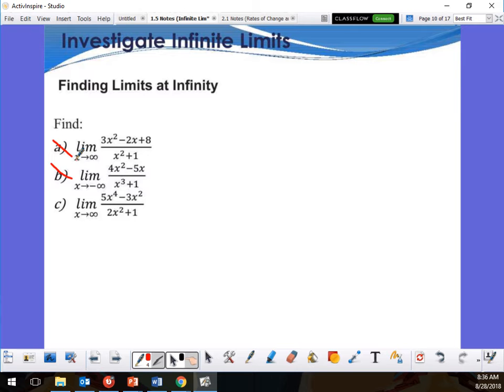So now, this is x to the 4th, isn't it? If I plug in a negative x to the 4th, what would happen? It would be positive, wouldn't it? So x to the 4th, but I'm going to a positive infinity on this one. So that means this is going to go up. The top is going to go up faster than the bottom, right? So that means that this is going to go to where?